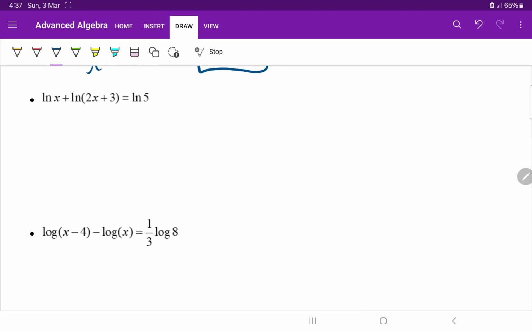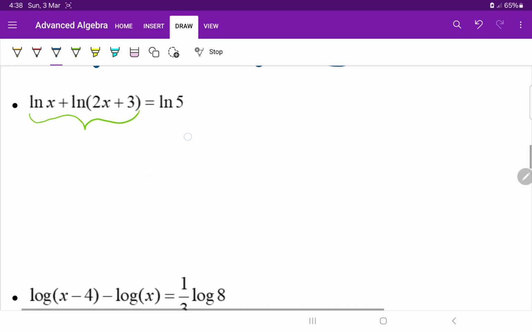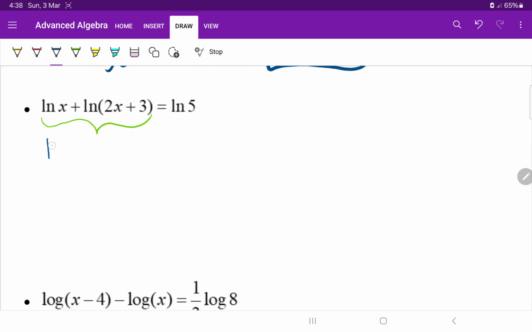Next, ln x plus ln of 2x plus 3 is equal to ln 5. First, we can apply the product rule for the left side of our equation, giving us ln of the product of x times 2x plus 3. The right side is still ln 5.